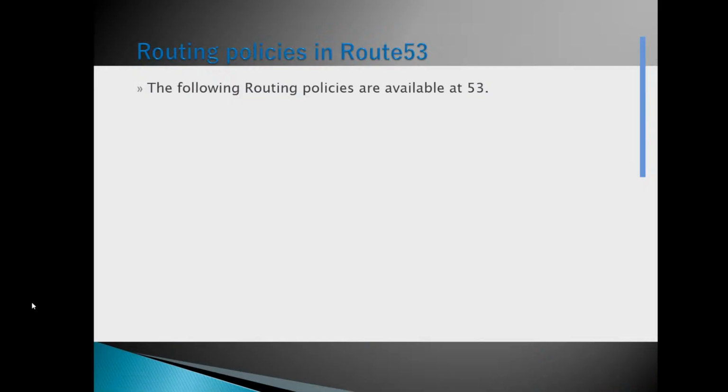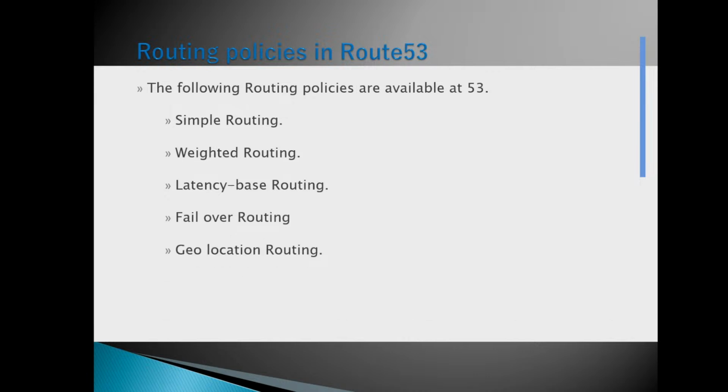So we have a couple of routing policies available. As soon as the request lands on Route 53, you can send the traffic to different servers. So we have simple routing, weighted routing, latency based routing, failover routing, geo routing, geoproximity, and multi-value routing. Okay, so let's understand simple routing.